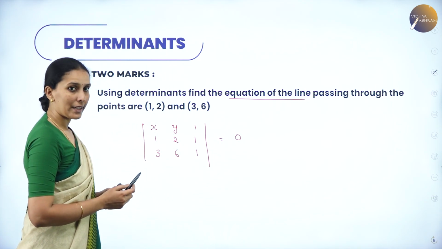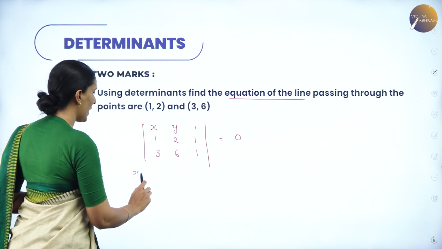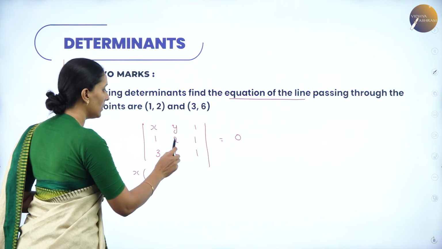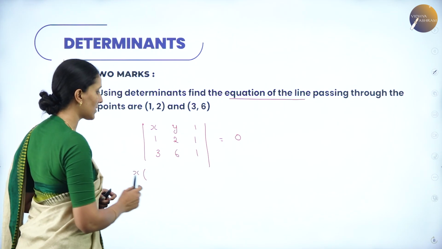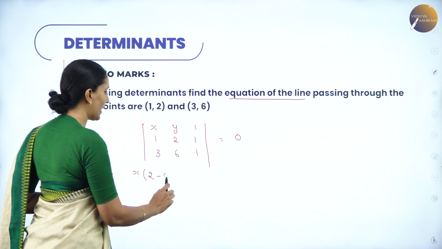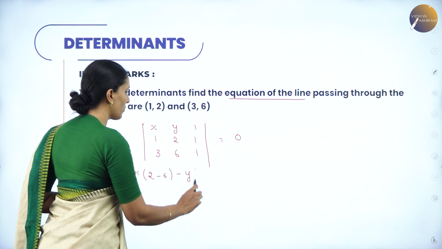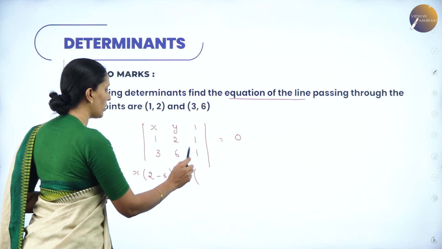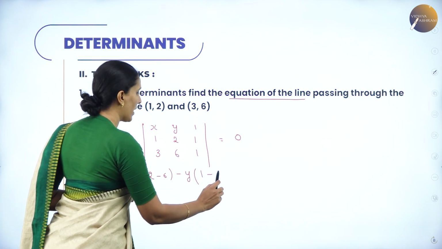Then we can expand the determinant. x into, deleting the row and the column, the determinant of 2, 1, 6, 1, which gives 2 minus 6. Next we have minus y, deleting the column and the row, we have 1, 1, 3, 1, which is 1 minus 3.